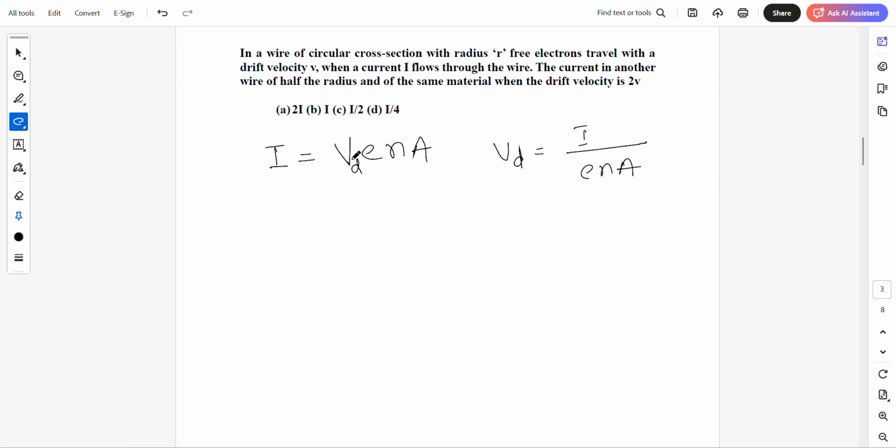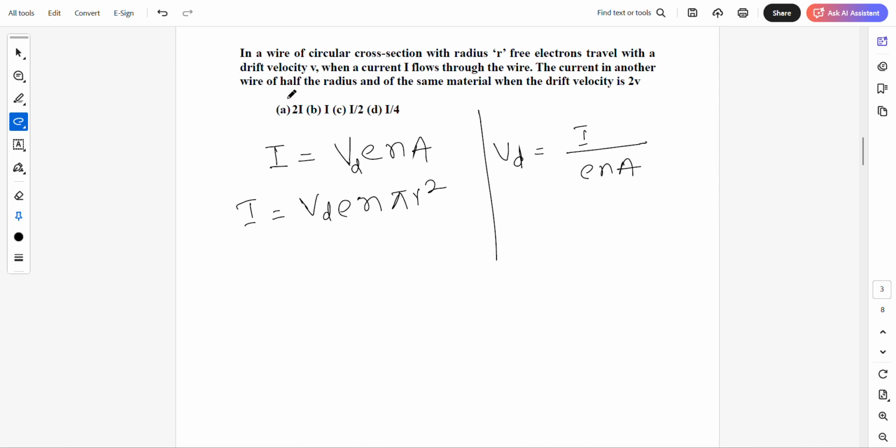Now he's saying that the current in another wire of half the radius. To calculate v_d, we have to use this formula. I is equal to v_d into e into n into pi R square. Area is nothing but pi R square.